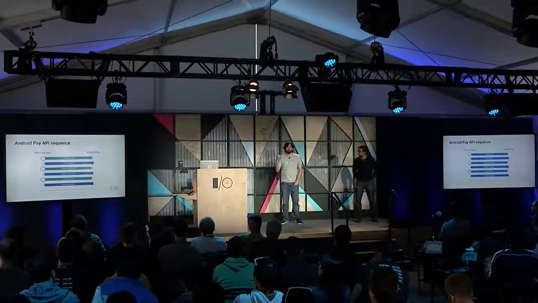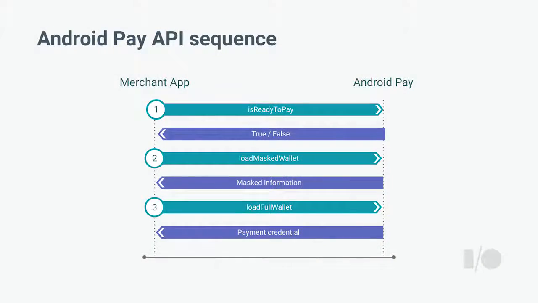The first one is they will see the Android Pay button or some option to select Android Pay. Then they will click that option and be prompted by us for a credit card and shipping address if you request one. And finally, when they're ready to finish the purchase, you can request a payment credential from us to charge the user.